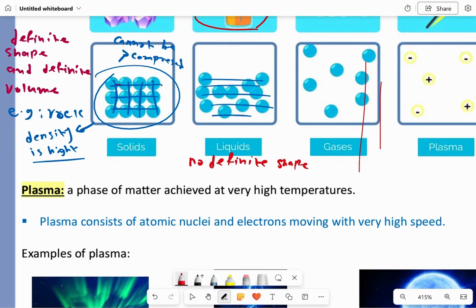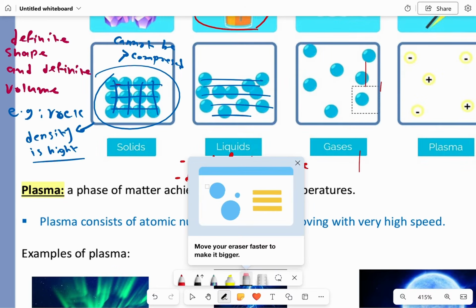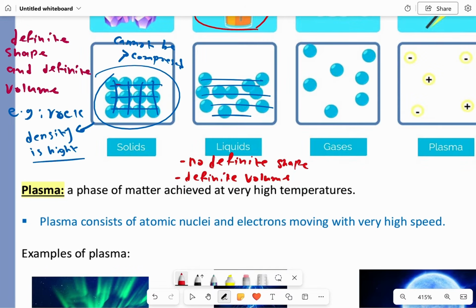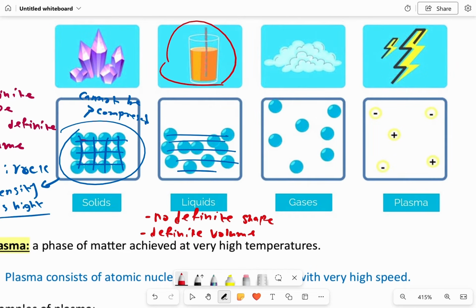But they have a definite volume, okay? Definite volume. Imagine you have 2 glasses. One of them is empty and the other one is filled. Now pour the water from the filled one to the empty one. Does the volume of the water change? No, it doesn't, okay? So they have what? A definite volume.